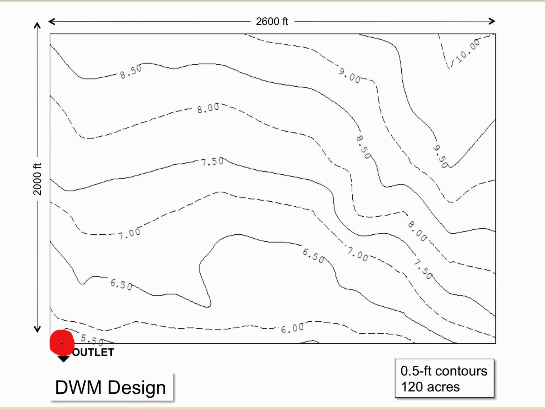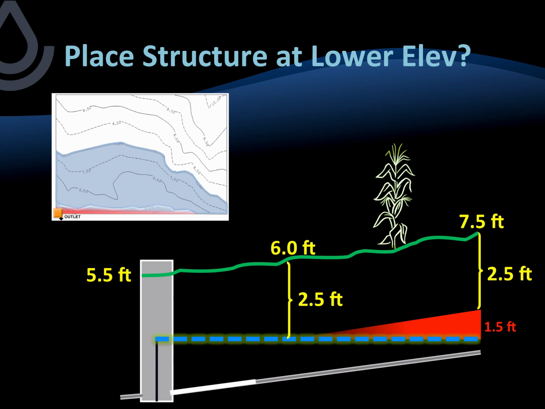Wouldn't it be nice if we could place that first structure at 6 feet? And in fact, that is something we could consider. And I've got a little sketch on the next slide that considers that option.